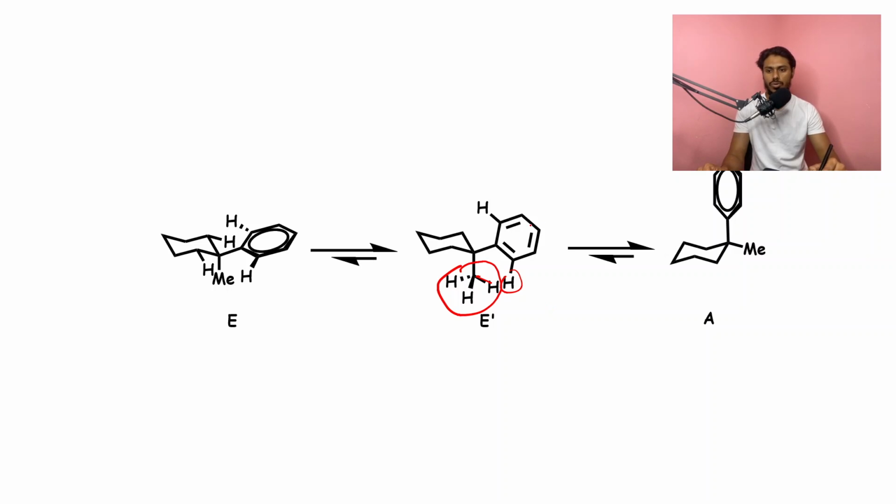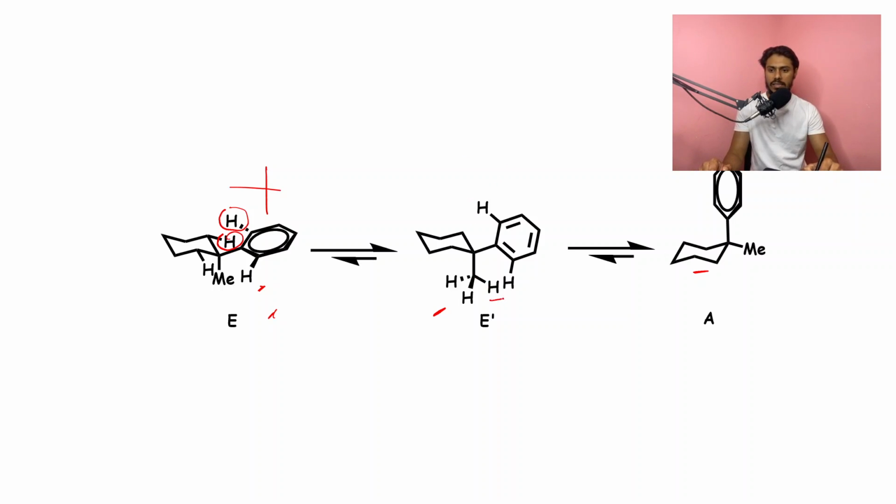This is one equatorial conformation, this is another equatorial conformation where just the phenyl group is rotated, and this is the axial conformation. This equatorial conformation will not be stable, as we previously saw, because of the interaction between this equatorial hydrogen atom and this ortho hydrogen atom.